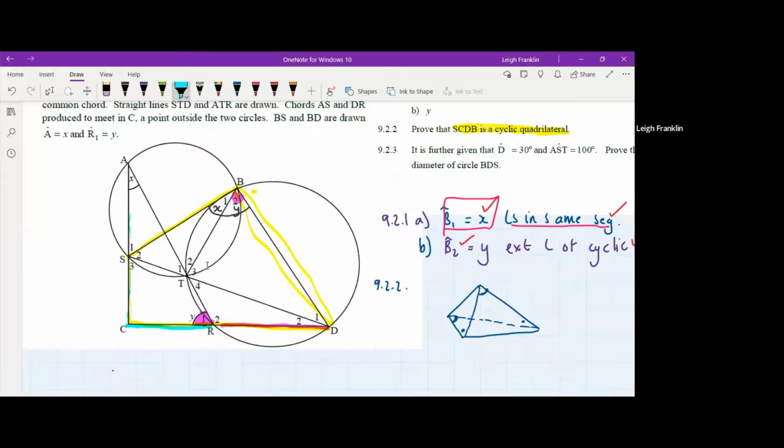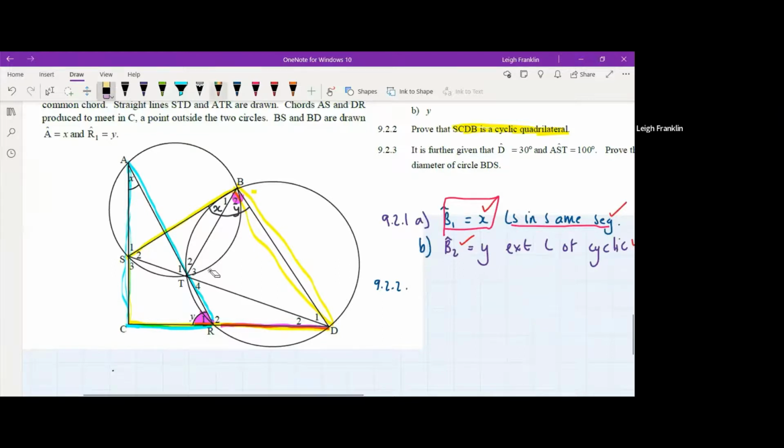Oh, look at this. X and Y are two angles in the exterior of a triangle. Can you see that? Can you see the blue where I've highlighted?